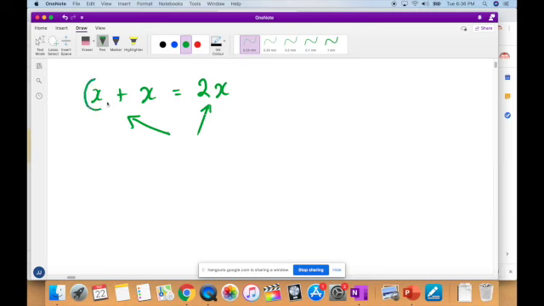While these are separate units, if I write it as a multiplication, I could treat it like one unit. So we could see here that 2 multiplied by x equals 2x.